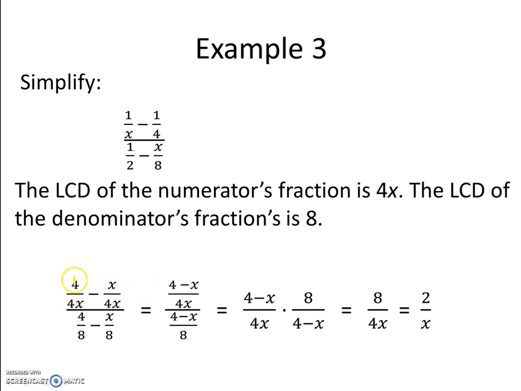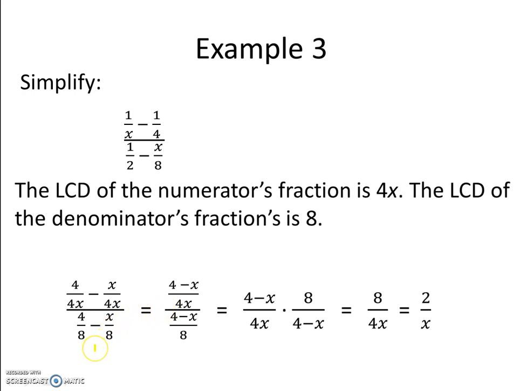So changing 1/x to 4/4x, and 1/4 becomes x divided by 4x. We go ahead and do the math, and we get 4 minus x over the common denominator of 4x.